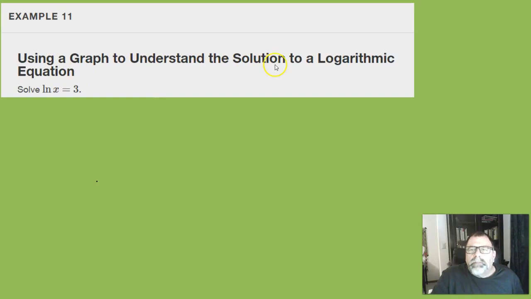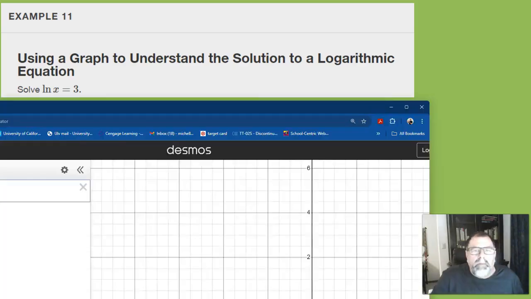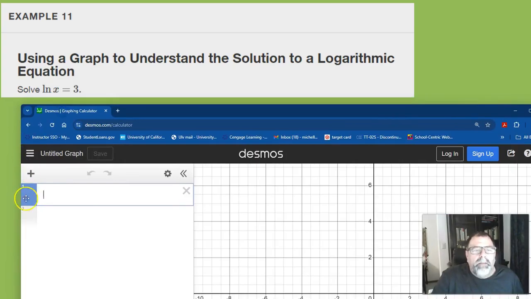Using a graph to understand the solution to a logarithmic equation, solve ln of x equals 3. So another way we can do it, again, is using graphs. So if we were to get the Desmos graphing calculator, and remember, we're going to put in the left side for one equation.